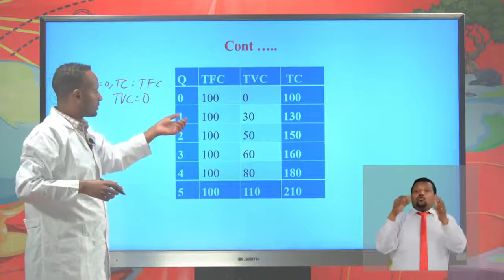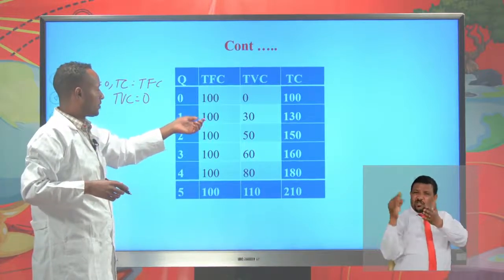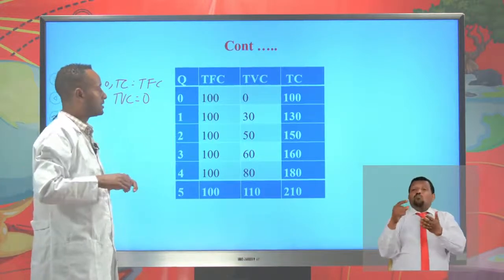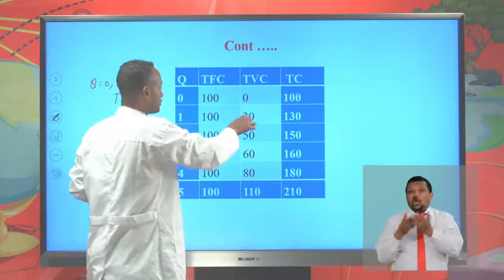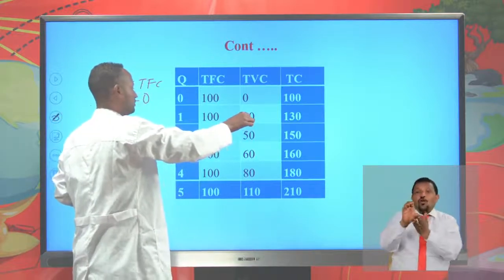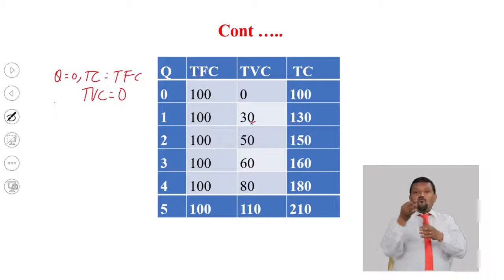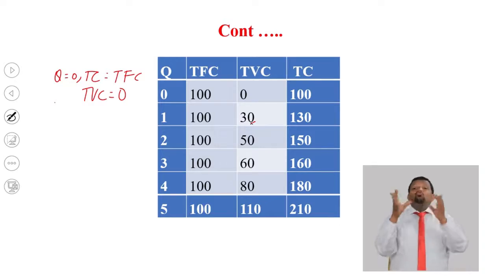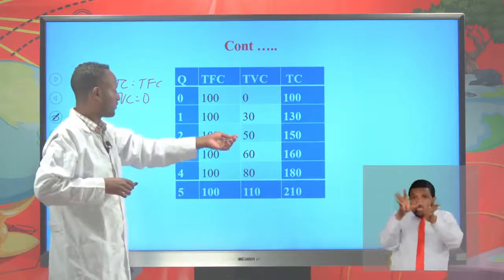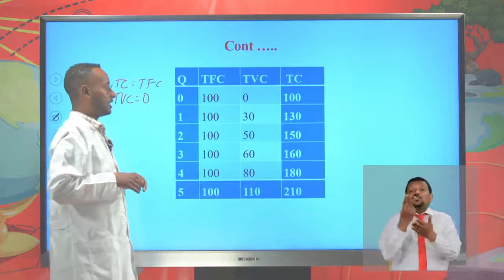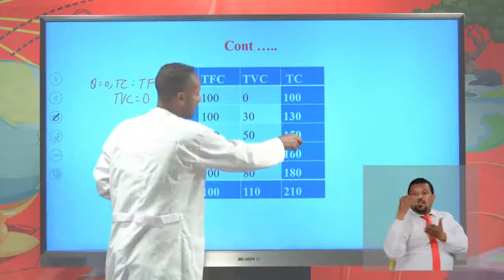If the total fixed cost of producing 1 unit of a commodity is 100 birr and the total variable cost is 30 birr, then the total cost of production is 130 birr. If the total fixed cost of producing 2 units is 100 birr and the total variable cost is 50 birr, then the total cost of production is 150 birr.